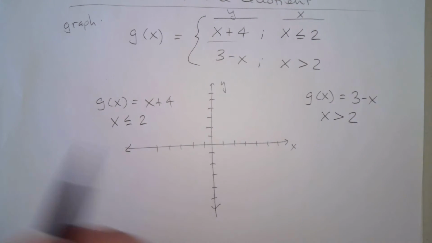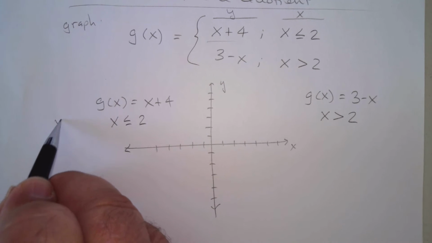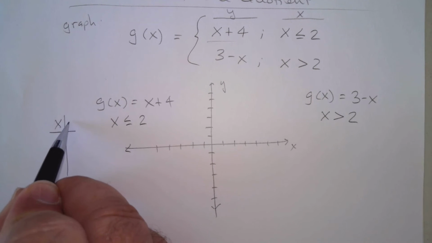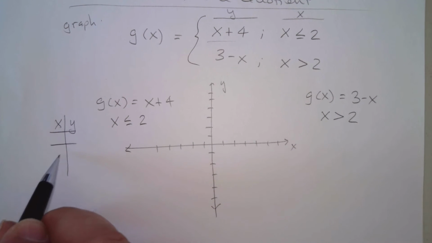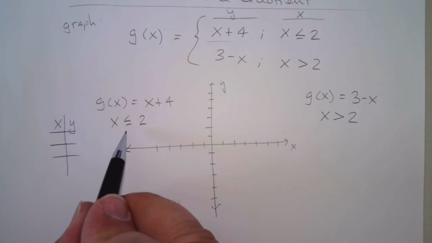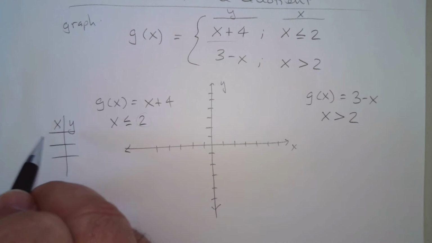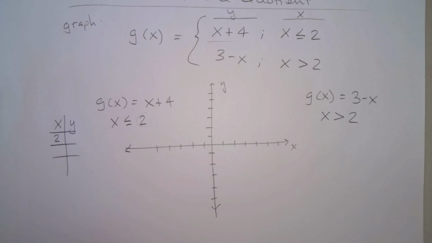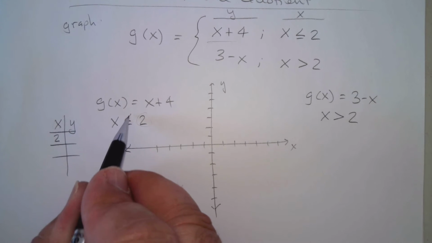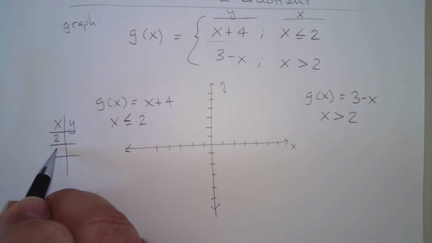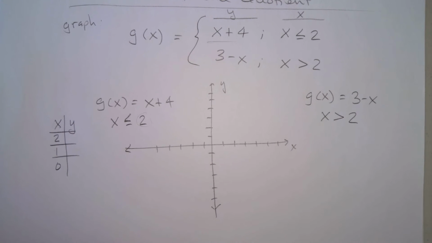So we'll draw both of those graphs. We notice it's a linear equation, so we only really need 2 points. So we start off with 2. X is less than 2, so we have to go to numbers to the left of it. So less than 2 is 1 and 0.